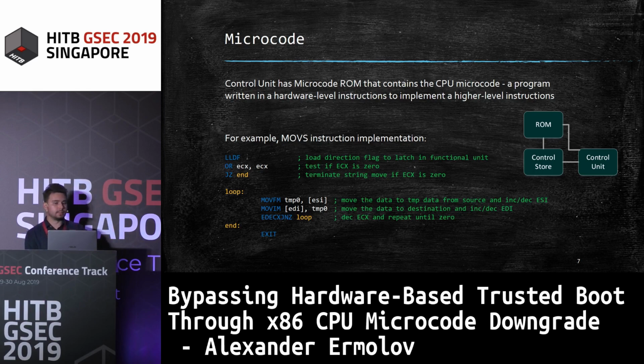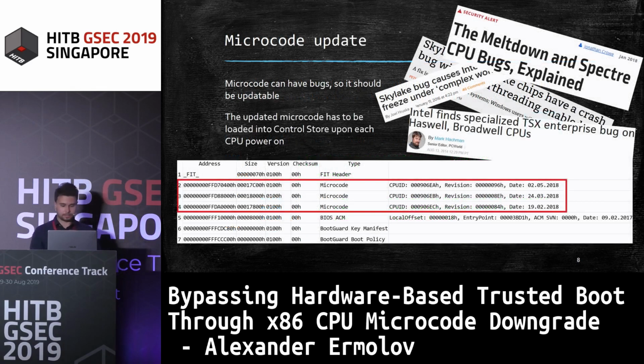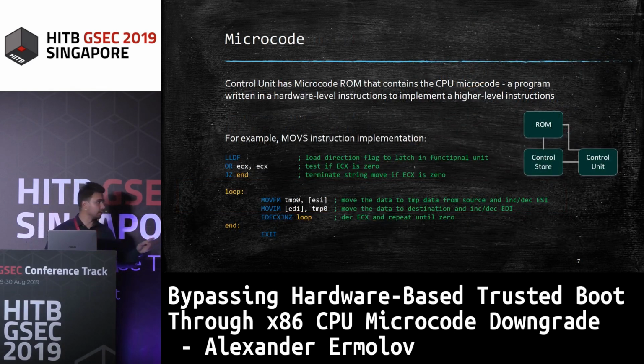It is not updatable, but to execute the microcode, it is loaded into some kind of SRAM, usually called the control store. As you can see, the microcode usually implements instructions like this one in more basic language, in more basic instructions for the CPU.